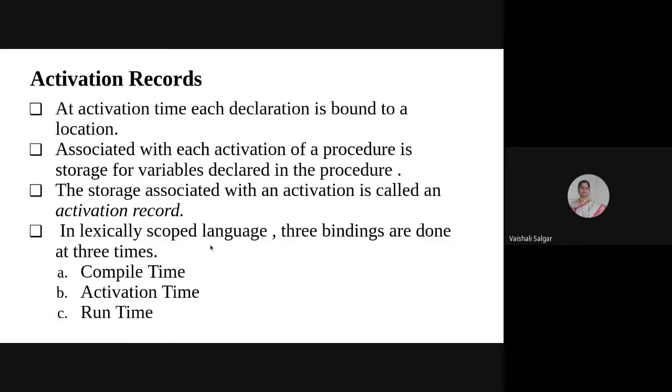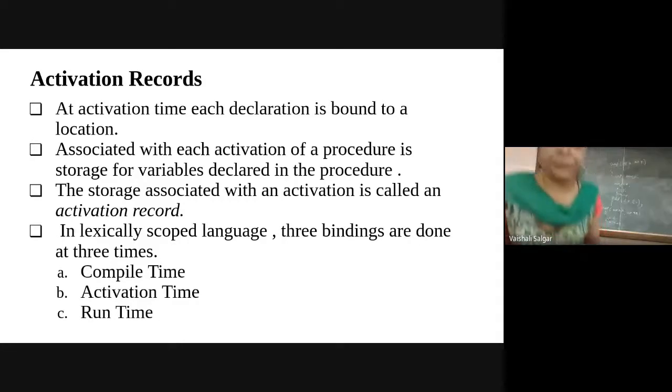In lexically scoped languages, there will be three bindings: compile time binding, activation time binding, and runtime binding. Compile time is when the program is compiled. At that time, whatever procedure calls are in your program, the compiler just knows there will be some procedures. But when that particular procedure is actually executed, the binding will be done, which is known as the activation time. I hope the board is visible.